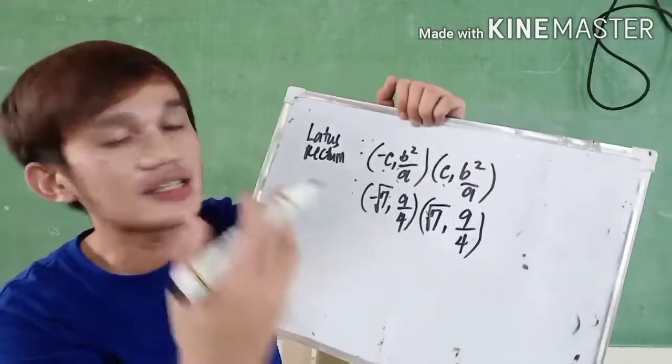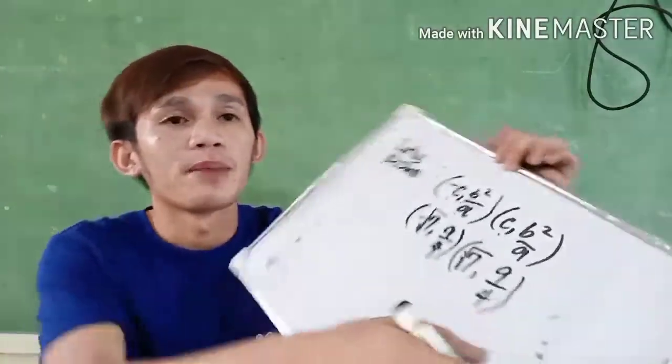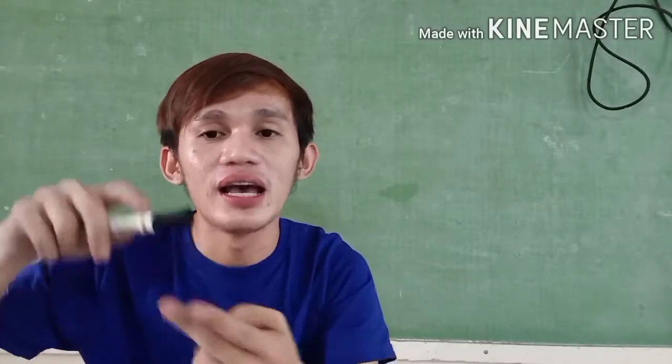And that is how you are going to identify the coordinates of your vertices, your foci, the endpoints of your minor and major axis, as well as the endpoints of your latus rectum.